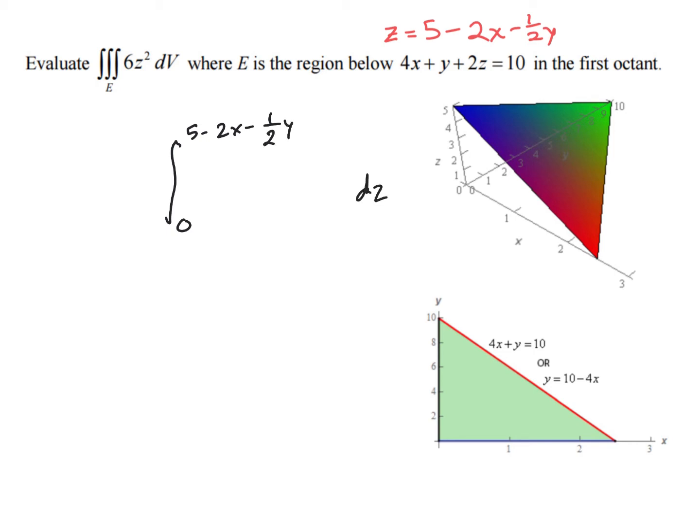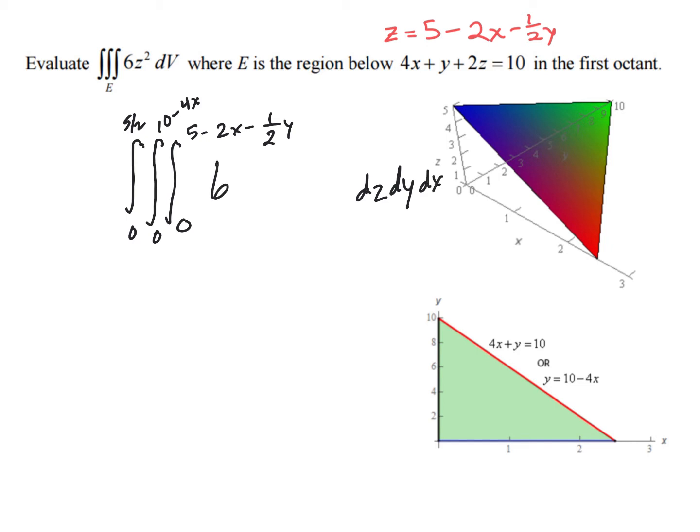That's our innermost. My next integral is y, so it's 0 to 10 minus 4x, dy. Again, if our differential is dy, we can't have a y in our bounds. And our final one will be numbers, always numbers. I'm going to say 5 halves; you could definitely say 2.5. It's going to be our last one.